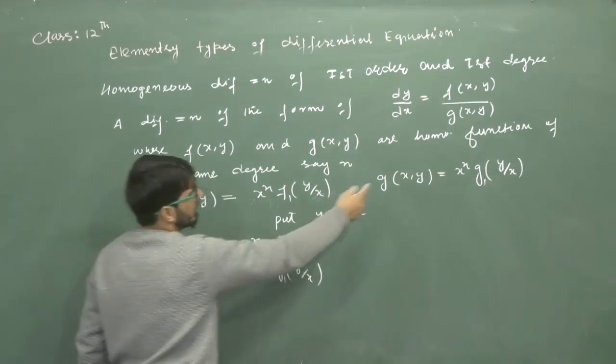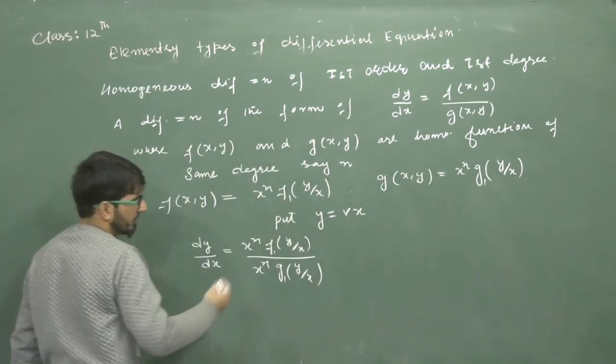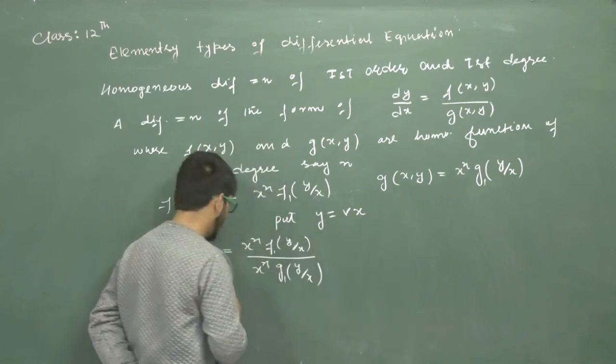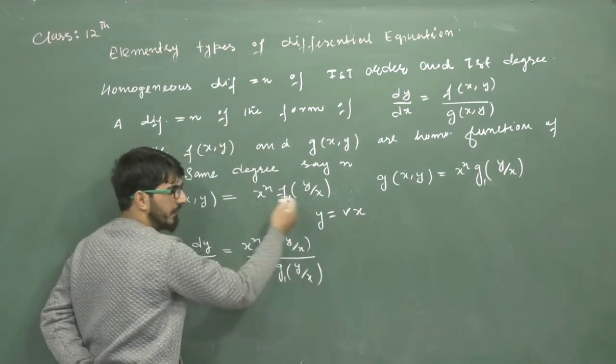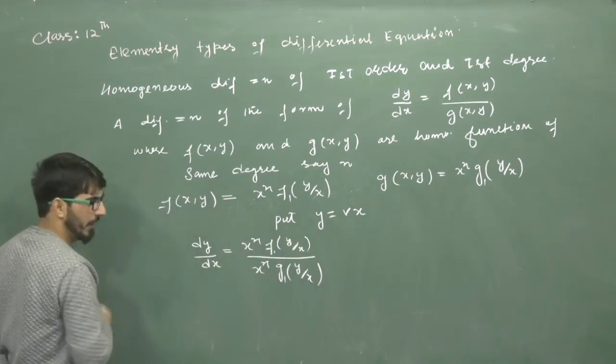So taking these substituting values here, if we differentiate with respect to x, we will get the value of dy by dx.